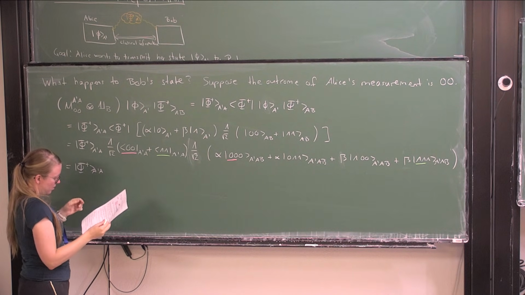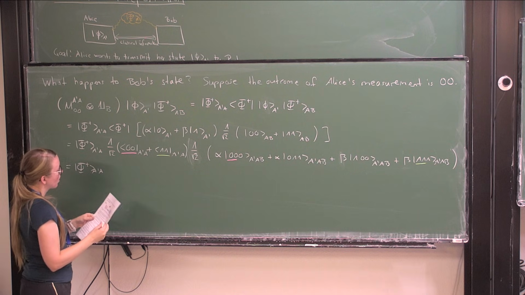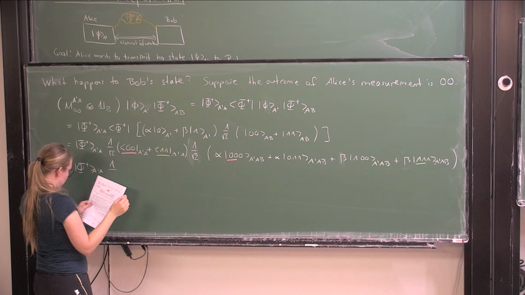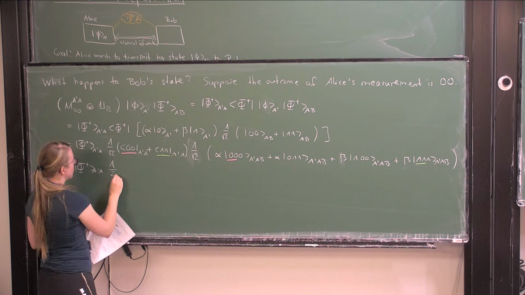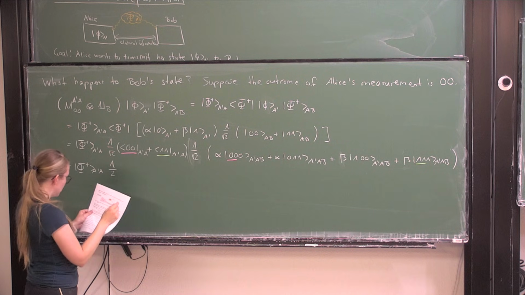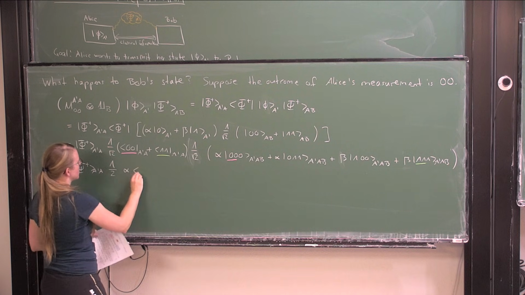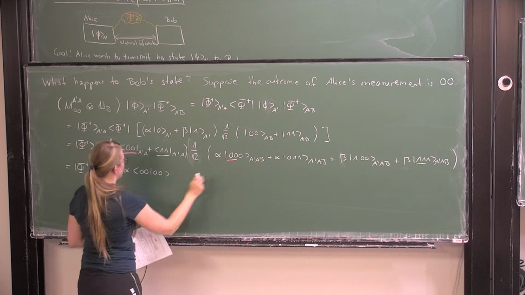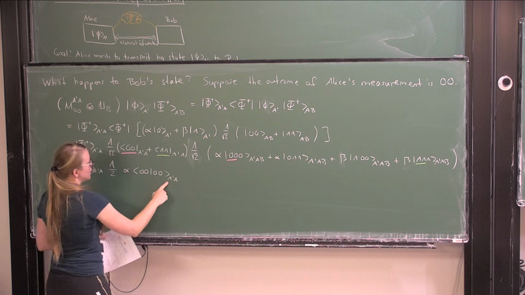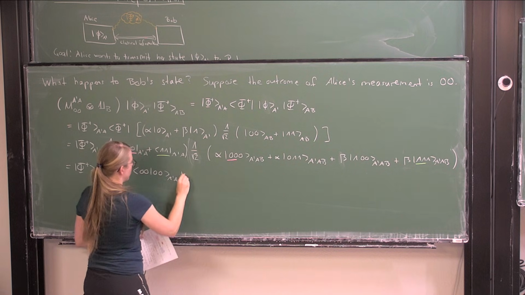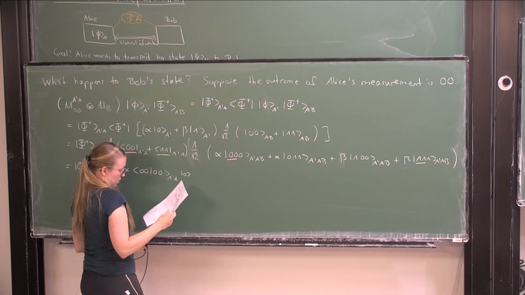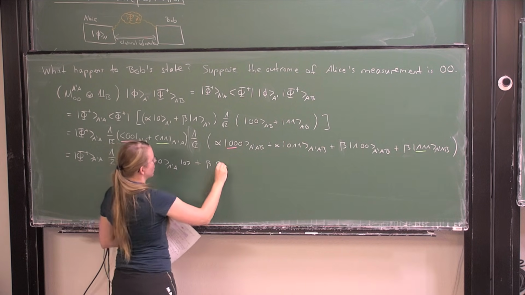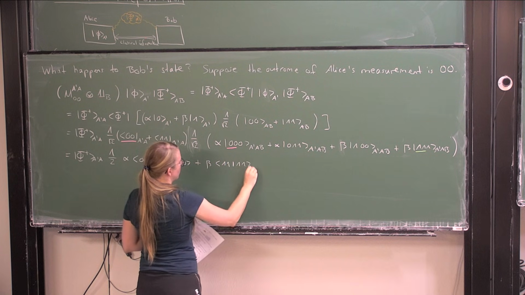So if we do this, what I get, the only non-zero terms are the scalar product of 0, 0, 0, 0 on A prime A. And in that case, system B is in state 0. And for the second one, 1, 1, 1, 1.